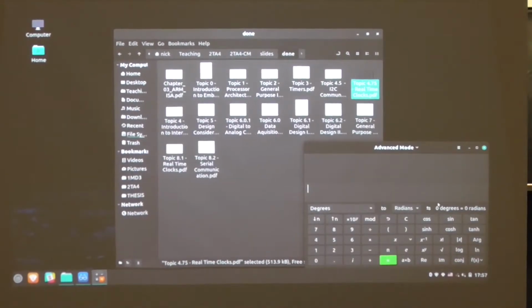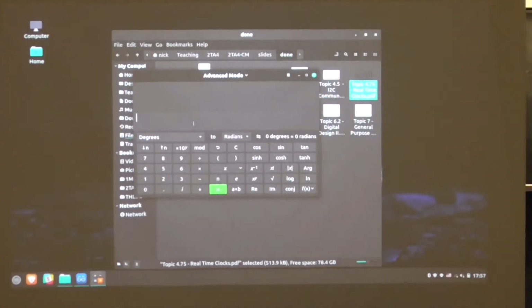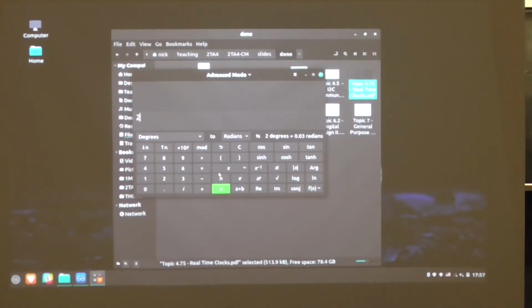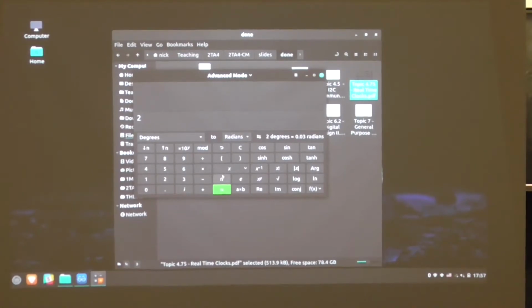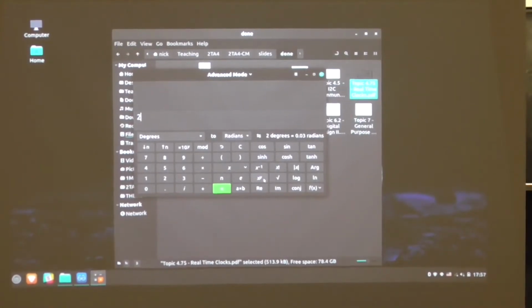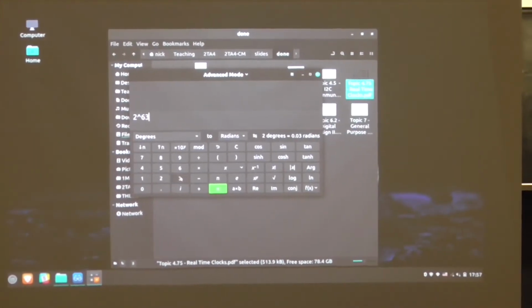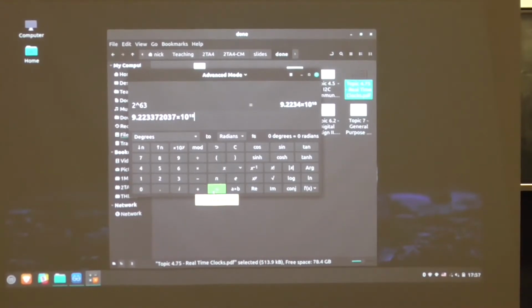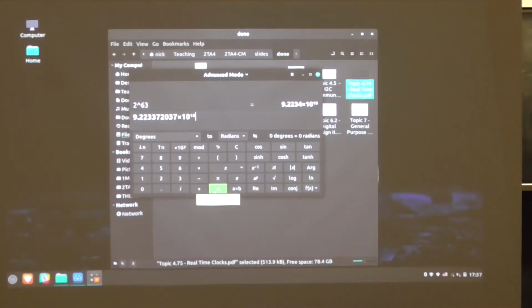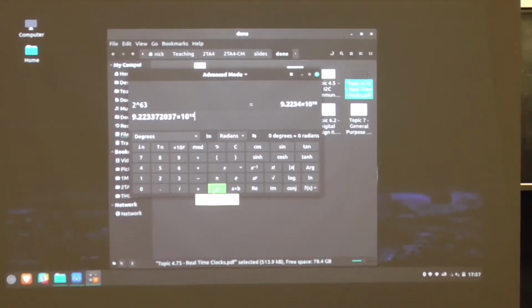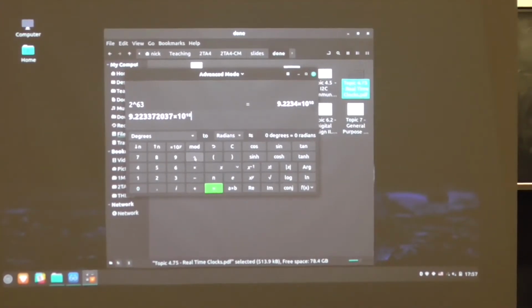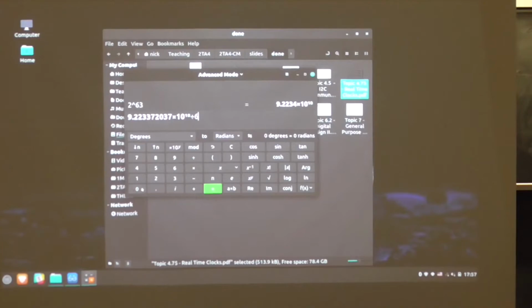So if we have 2 to the power of... where's the power button? There it is. 2 to the power of 63. That's how many seconds we buy, right? So if that's the number of seconds, then divide by 60.